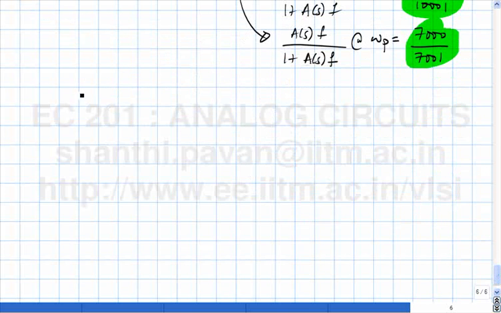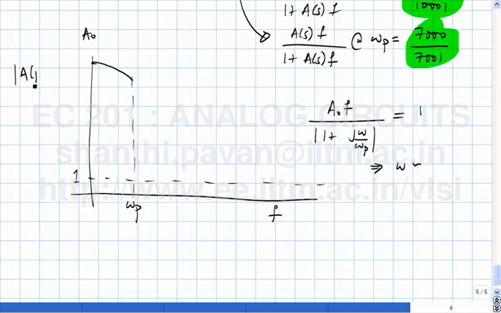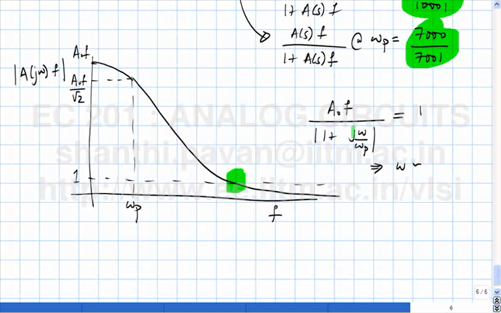If I plot the magnitude of A of s f, A of j omega times f, at DC it is A naught times f, and at omega p it is A naught f by root 2. We all agree that it falls off. At what frequency will it fall to unity? Clearly this omega must be much larger than omega p.